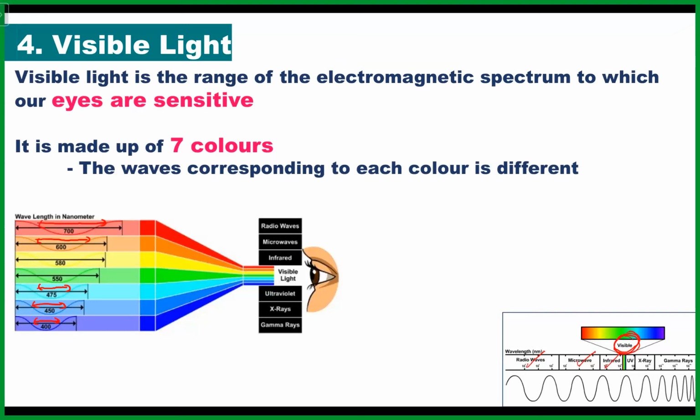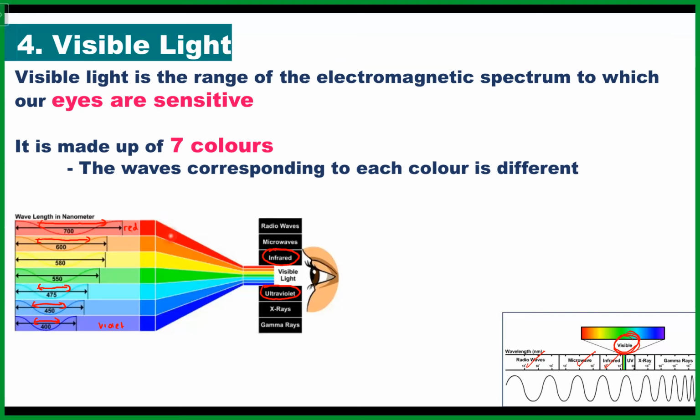So it's extremely important to remember this order of 7 colors as well. And keep in mind that violet is the type of visible light that is closest to the ultraviolet rays, and red is the type of visible light which is closest to the infrared rays.